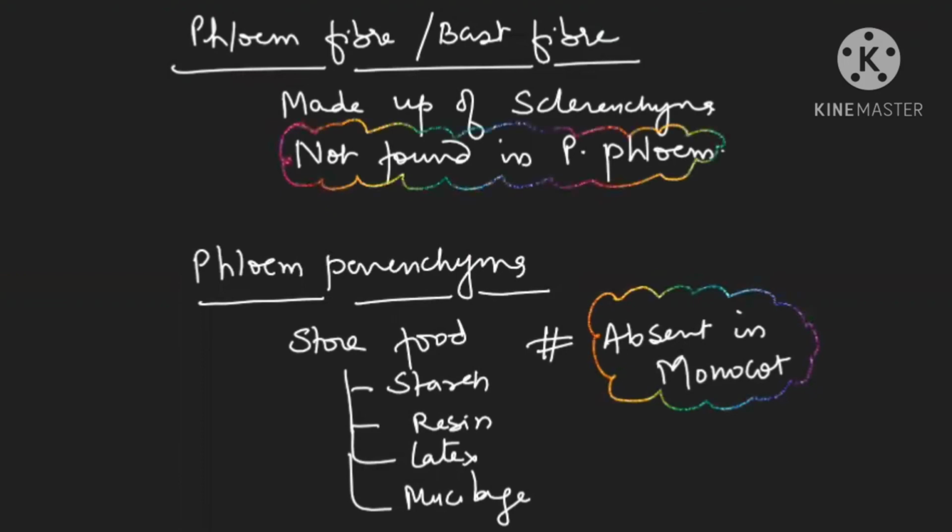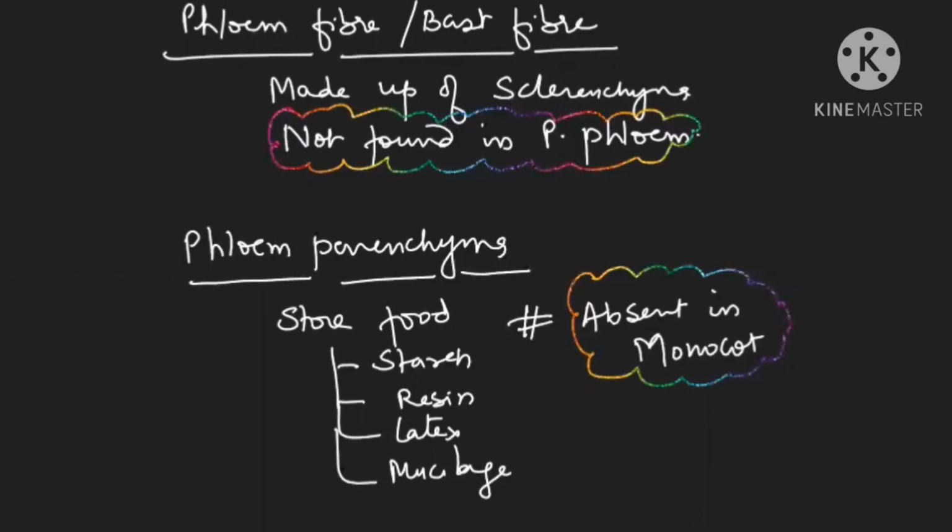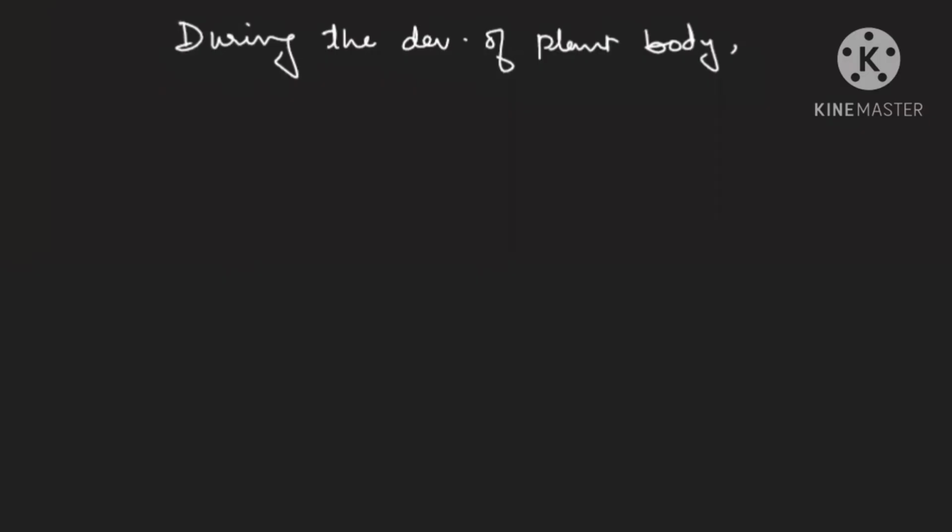Is it clear? I hope up till here all your concepts are getting clear. Now let me give you a few additional pieces of information with respect to competitive exams. These are a few additional points with respect to NEET. During the development of the plant body, protophloem gets crushed. The process by which it gets crushed is known as obliteration.